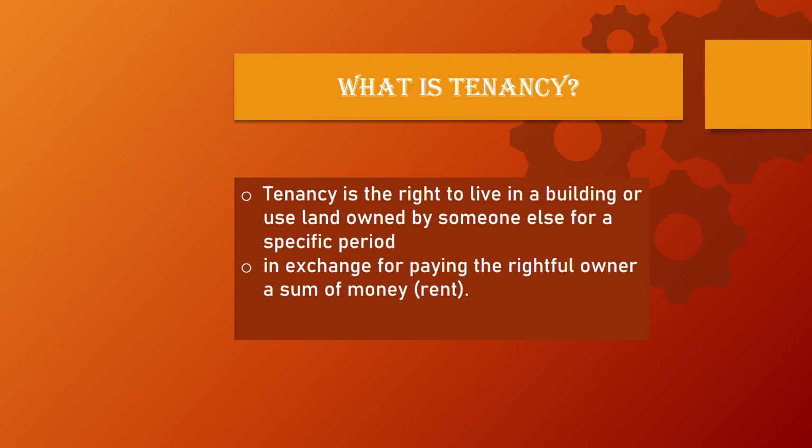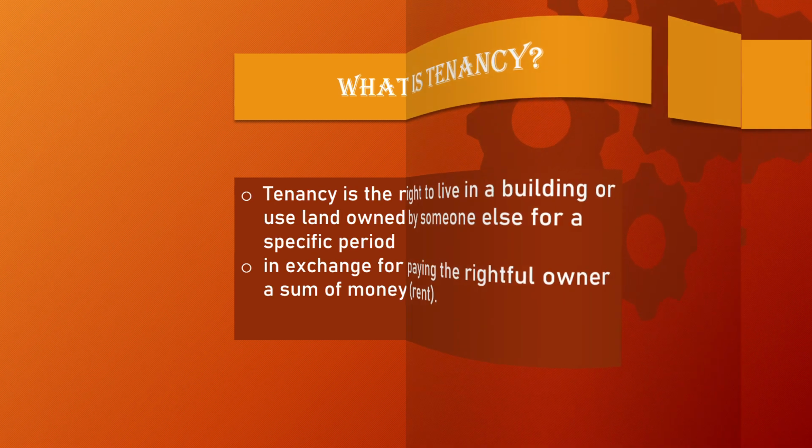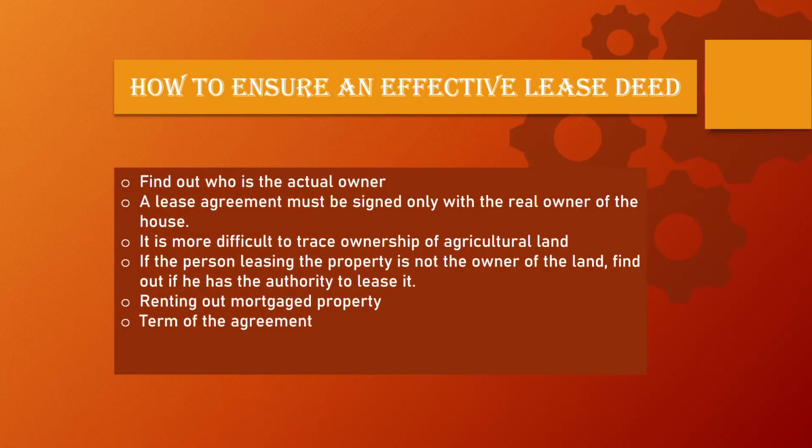Now let's move to how to ensure an effective lease deed. First, you will have to find out who the actual owner is. It is important that a lease agreement is signed by the real owner of the house property. You can ask the owner for documents which show his name and identity.